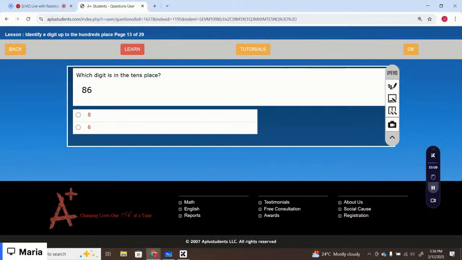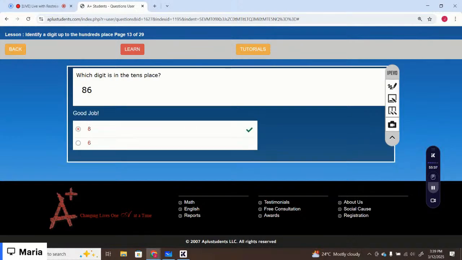Which digit is in the tens place? It is at the tens place. Option number 1 is the correct option.